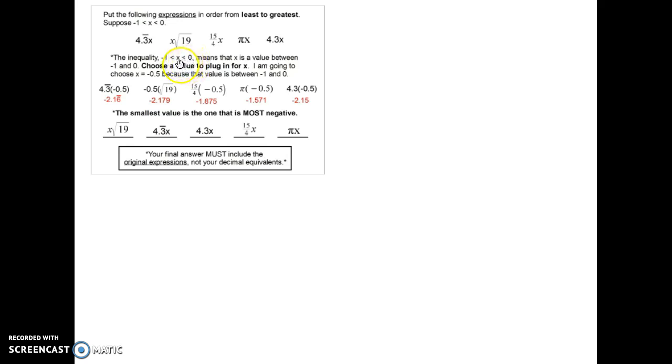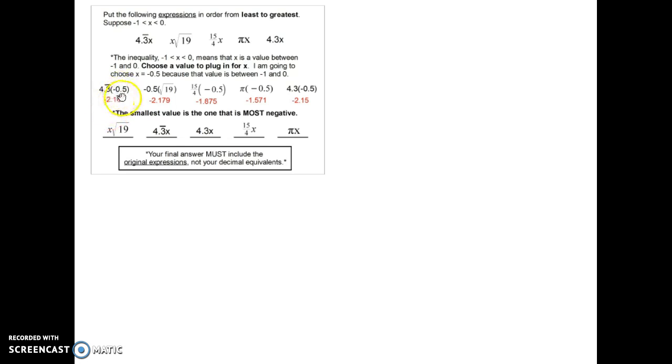So we need the number that is between -1 and 0. You can choose whichever you would like. We ended up deciding to go with -0.5, and that is between -1 and 0. Now, just like the previous example, you need to take that value that you chose and plug it into each one of those original expressions to get a number value.